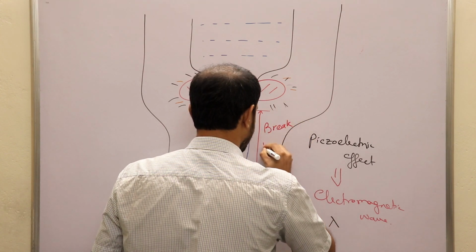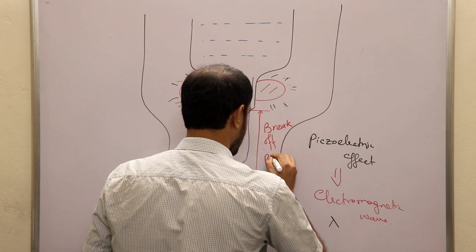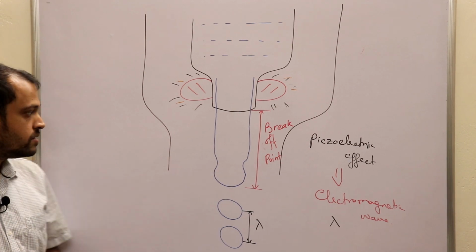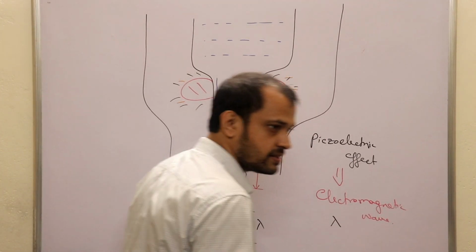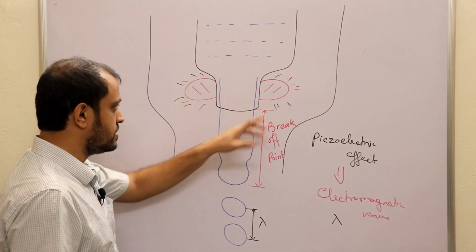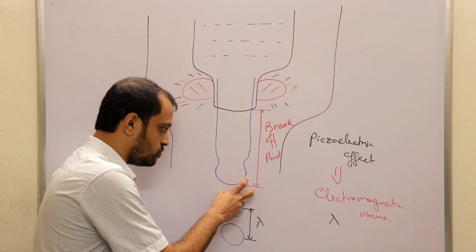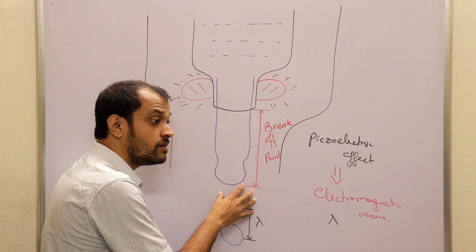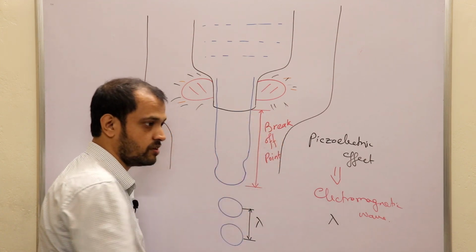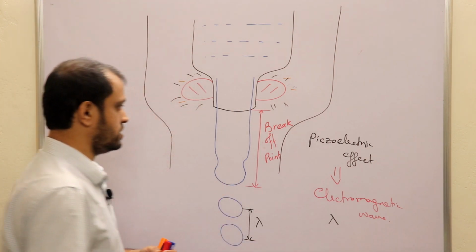This distance is called break off point. That is the distance from where the vibrator was activated up to the point at which a droplet is formed. Clear?